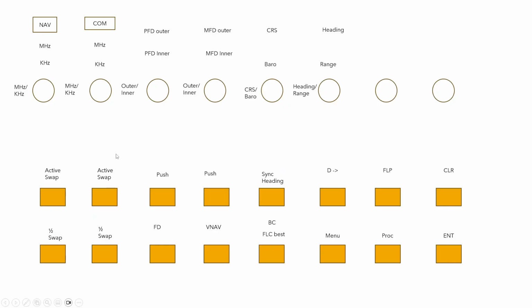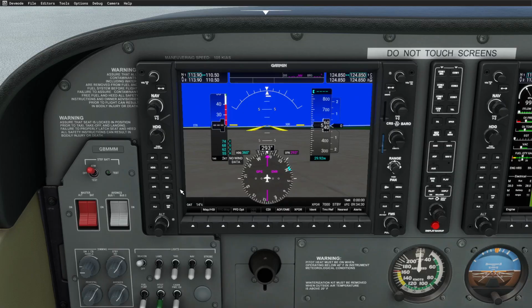So where we were up to was we have allocated the buttons for the 2 nav radios, the 2 COM radios, and the FMS buttons and knobs for the PFD and the MFD. So if I go into the cockpit, we've done the nav radio, we've done the comms radio, and we have done the FMS buttons here and the similar ones on the MFD with the multifunction flight display over there.